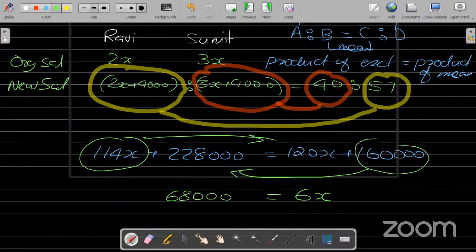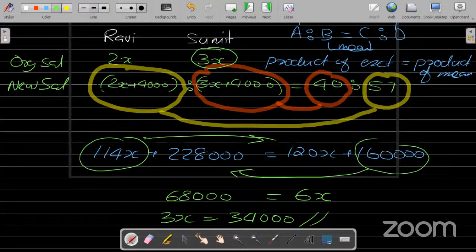So 6x equals 68,000, and 3x will be half of that, 34,000. So 34,000 is the original salary of Sumit.